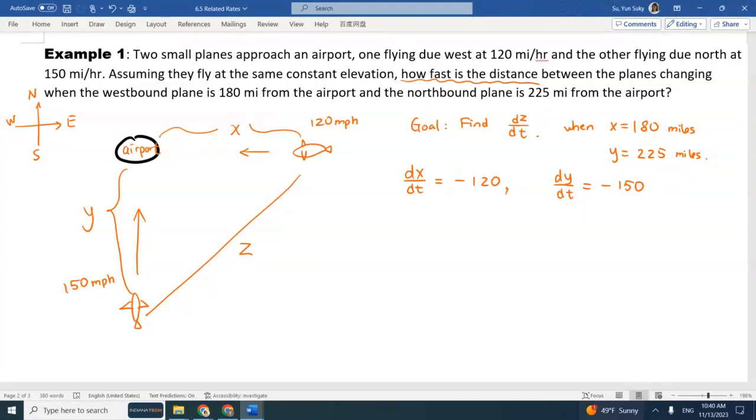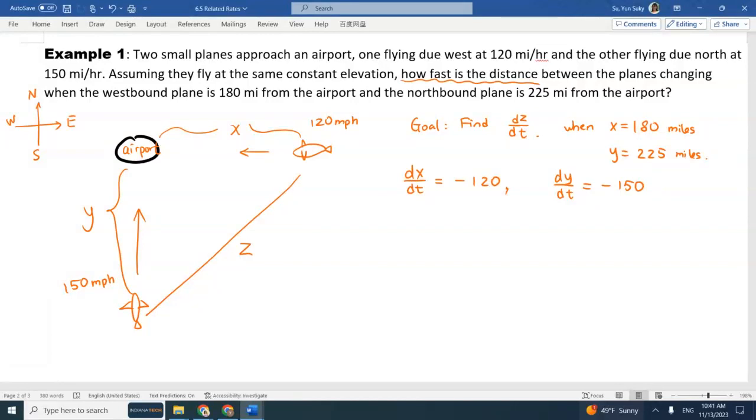Slowing down and speeding up is about the acceleration. It's negative because the quantity is decreasing, because your distance is decreasing. That's why it's negative. Remember? Yeah, the x is going down. So x is going down.